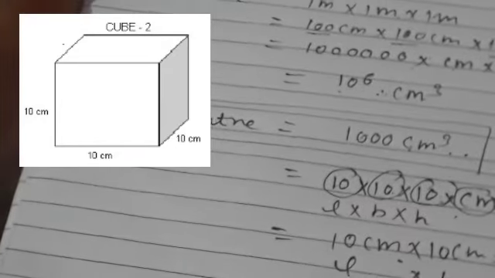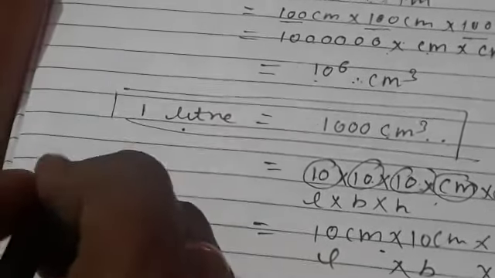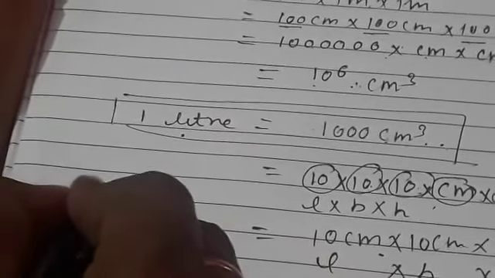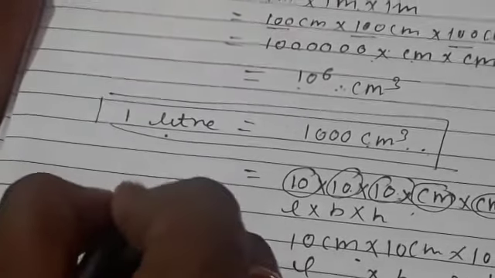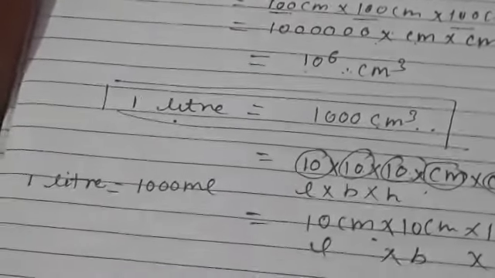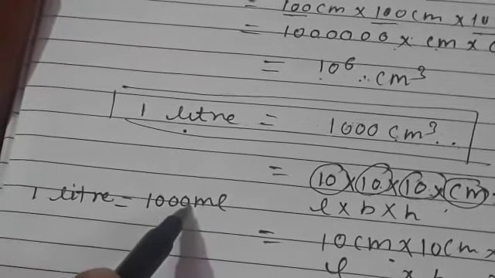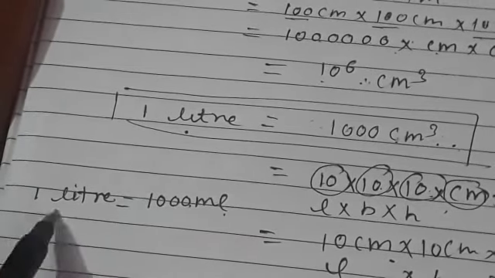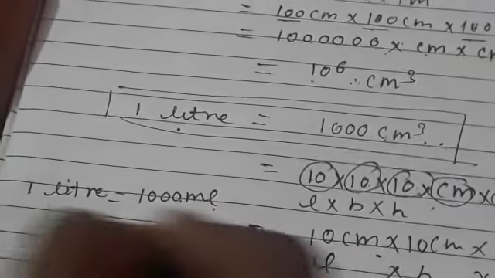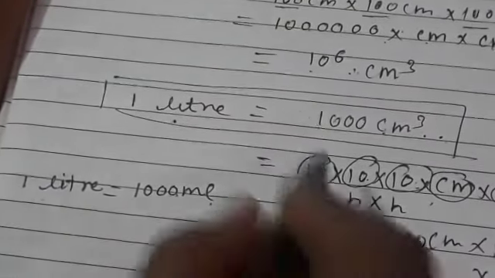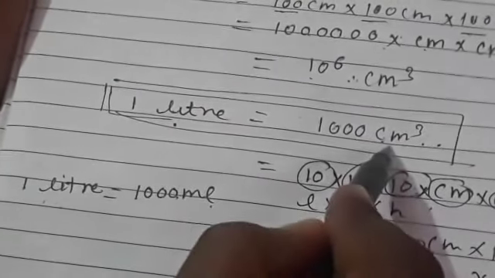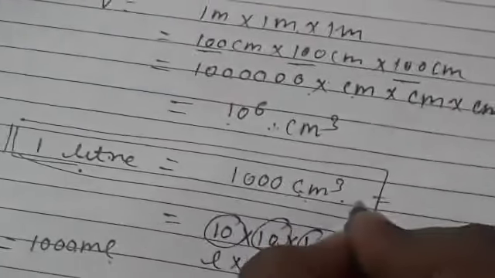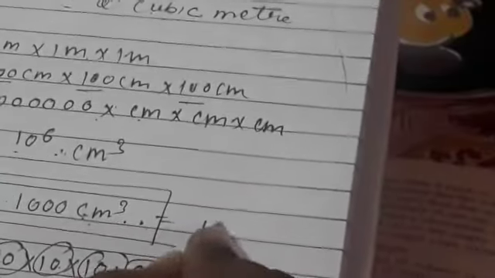So if you understand this, then 1 liter is equal to 1000 ml also. You are aware about this? Milliliter, you all aware about that. 1000 milliliter equal to 1 liter. But recently we calculate this, 1 liter is equal to 1000 centimeter cube. It means 1 liter equal to 1000 centimeter cube, and it is also equal to 1000 ml.